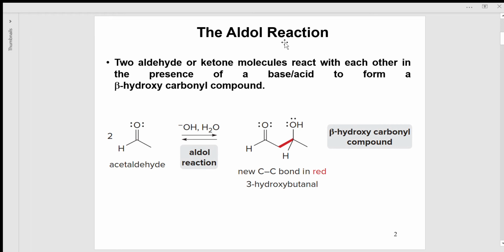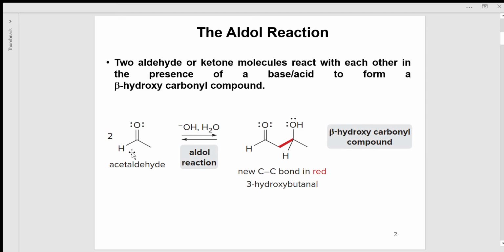The first one is called the Aldol reaction. The Aldol reaction is a condensation reaction between two aldehydes or two ketones, or one aldehyde and one ketone. Again, the Aldol reaction is the condensation reaction between an aldehyde or a ketone with another aldehyde or ketone molecule.